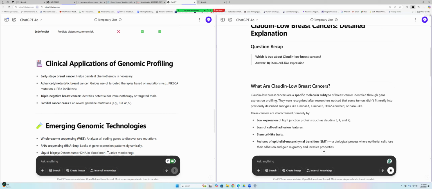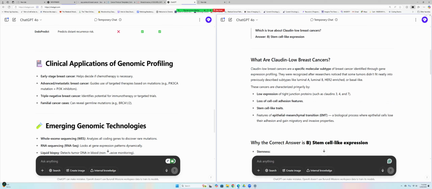So when you do gene expression profiling to know what genes are turned on, what genes are turned off, there are some where Claudin is not produced. They call these ones Claudin-low breast cancer. They were recognized after researchers noticed that some tumors didn't fit neatly into the previously described subtypes like luminal A, luminal B, HER2 enriched or basal-like. These cancers are characterized primarily by low expression of tight junction proteins. You know, Claudin is actually a tight junction protein.